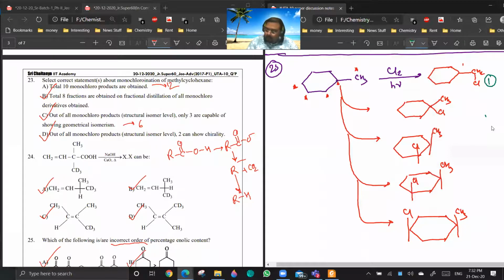Okay, this will have only one. Yes or no? This will be having only one. Yes, sir. Okay. This will be having, you see, up, up and up, down. Yes, sir. Okay. And both will have 2 each, because there is no plane of symmetry.